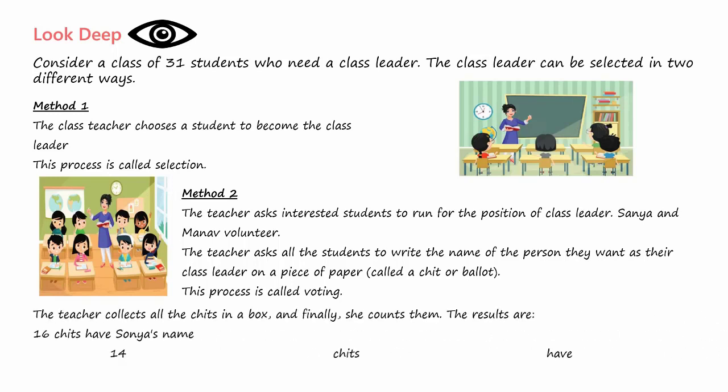Now the teacher collects all the chits and then she counts. 16 chits have Sanya's name. 14 chits have Manav's name. Now you tell, kids, who becomes the class leader?